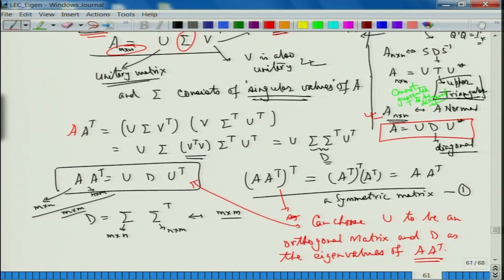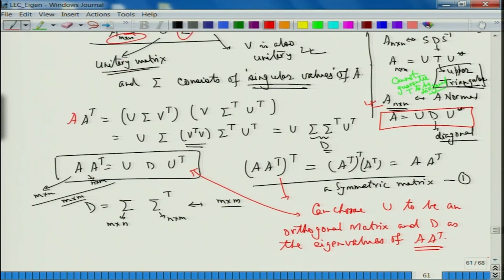Understand it nicely. What I am trying to say? What we are saying is that I want my A to be U sigma V transpose. I want this A, fine. So, if I compute A times A transpose, this is a symmetric matrix, and therefore, by the theory that we have developed till now, we know that I can decompose it into U D U transpose, where U is unitary.